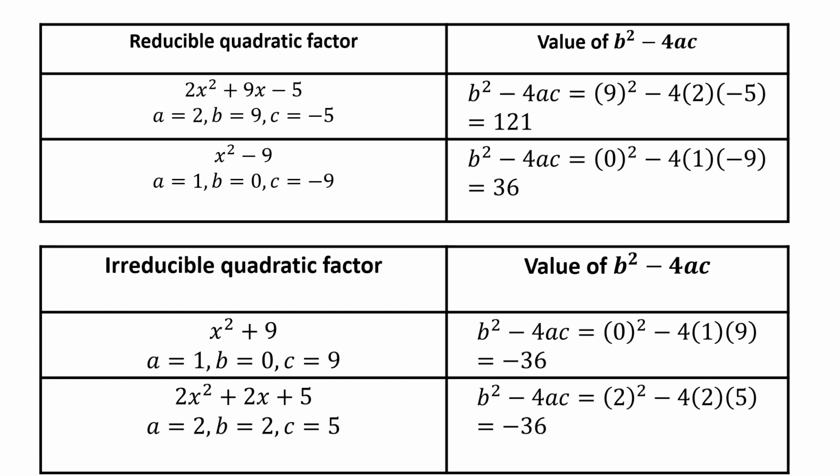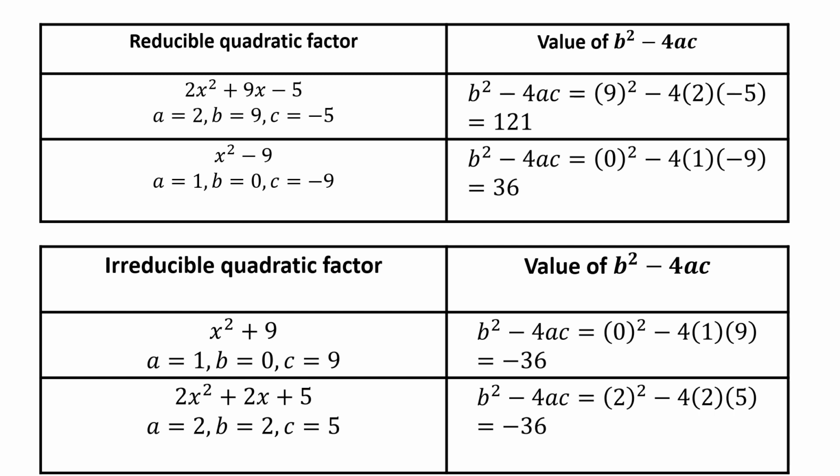It means that you can actually factorize it into linear factors, and from the linear factors you can actually find the root of the equation. So likewise for x squared minus 9, if you substitute into the discriminant b squared minus 4ac, you also get a positive value. So this is one way to recognize a reducible quadratic factor.